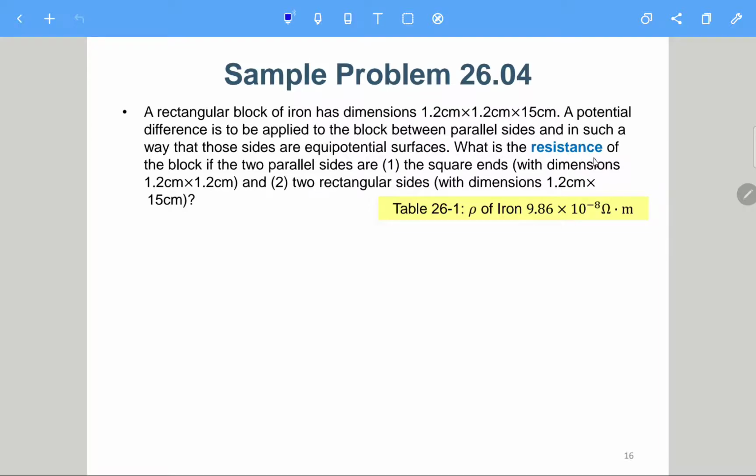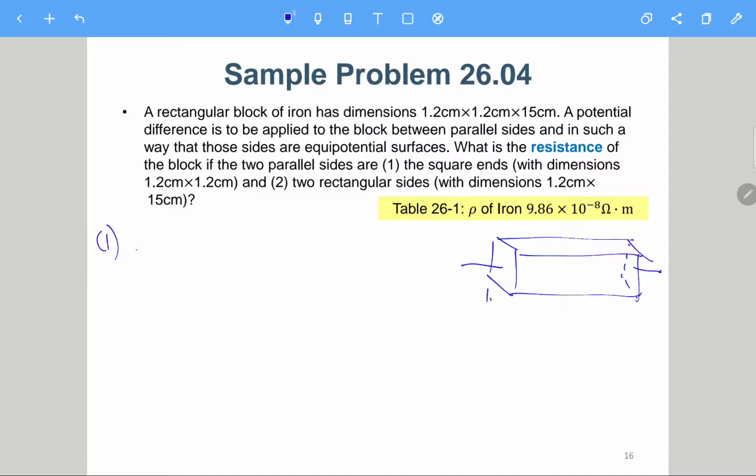So what is the resistance of the block if the two parallel sides are the square ends, and the two rectangular sides with dimension 1.2 times 15? So we will try to calculate the resistance in two cases. For the first case, we calculate the resistance like this.